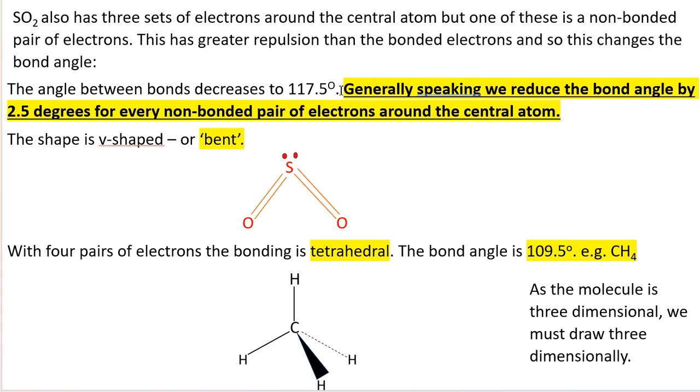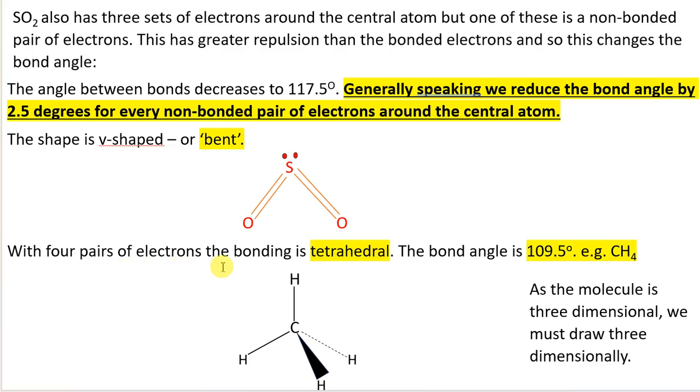Horrible number, but generally speaking, we reduce the bond angle by 2.5 degrees for every non-bonded pair of electrons around the central atom. And that shape is now described as V-shaped. It's an upside down V the way I've drawn it, or bent. And that's it for 2 or 3 sets of electrons.